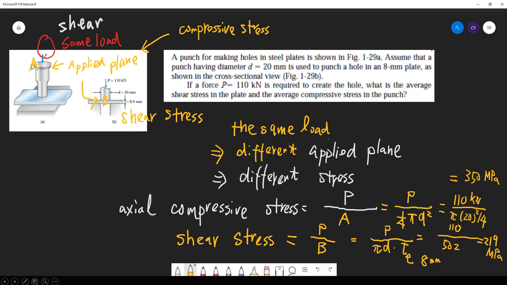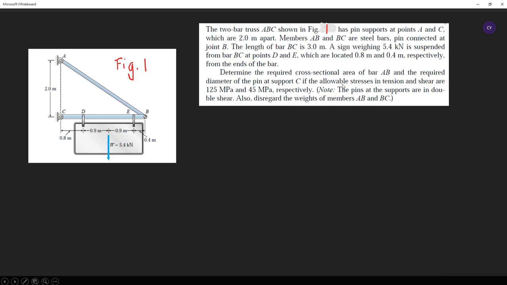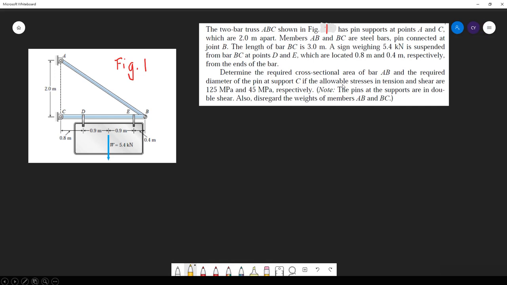Okay. So we are going to another topic about the design. For example, this is a typical design idea. We say it's a design application.